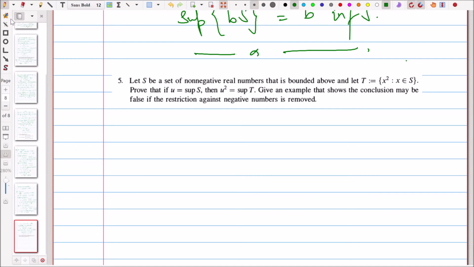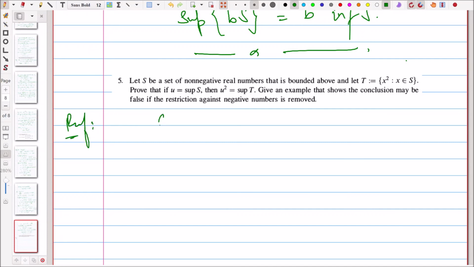So let us see this. First we will prove this result, and then we will see which example will show that the conclusion will fail if we remove the restriction of taking negative numbers in S. So let us start with the proof.